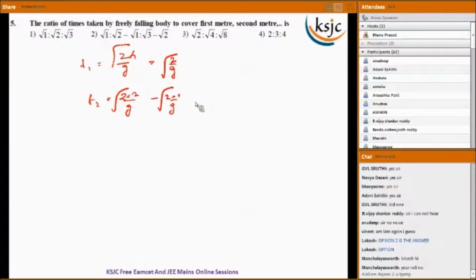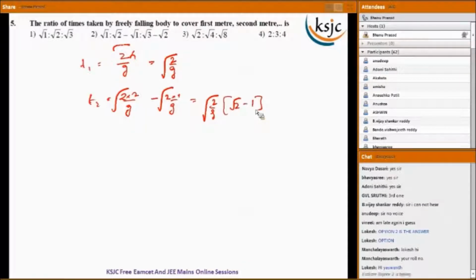Now that leads to root 2 by g into root 2 minus 1. Now if you look at the options, the second option is coinciding with that, root 2 by g common, and then you will get that ratio as root 1 is to root 2 minus 1. Right? So option 2 will be the right one.